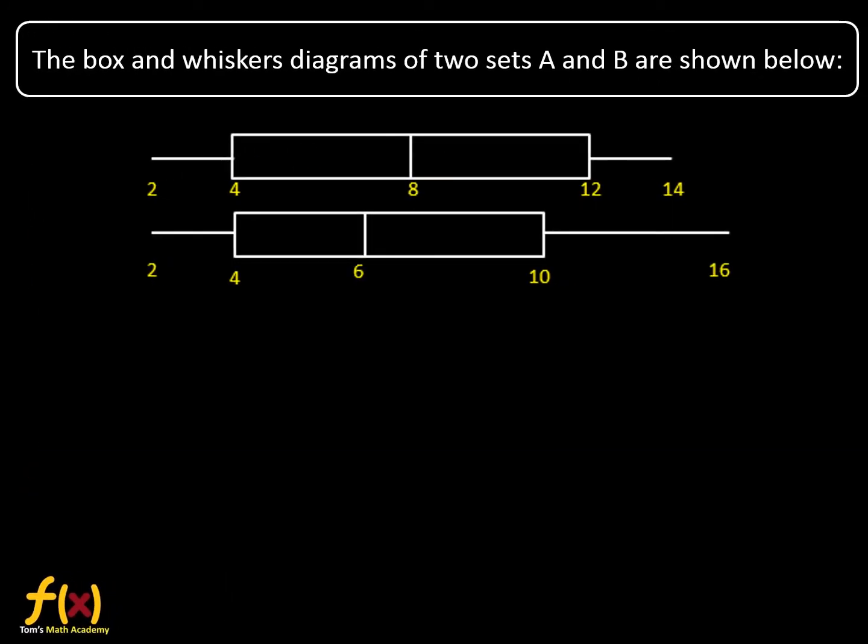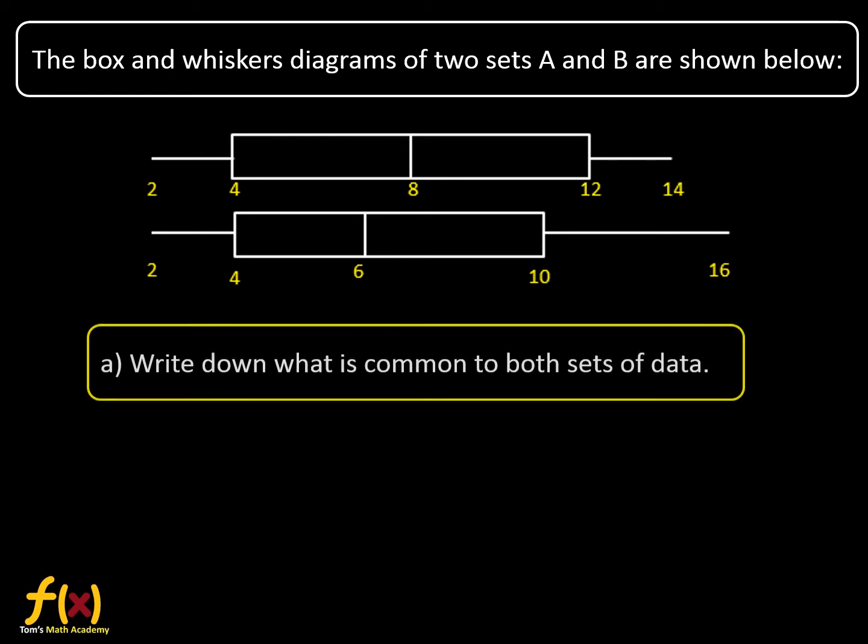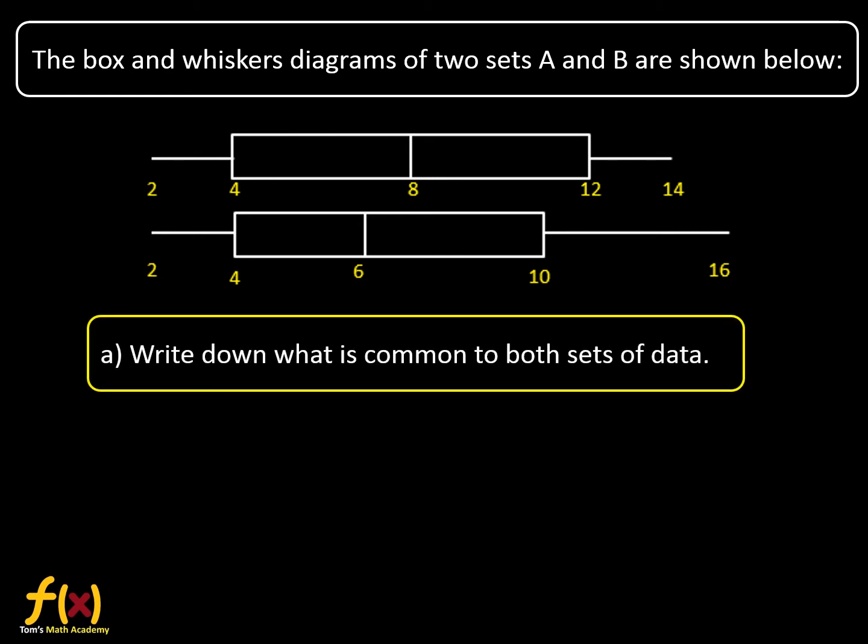Now, there is an indirect question. You are already given 2 box and whisker diagrams for set A and B. The 5 numbers are mentioned there in both.